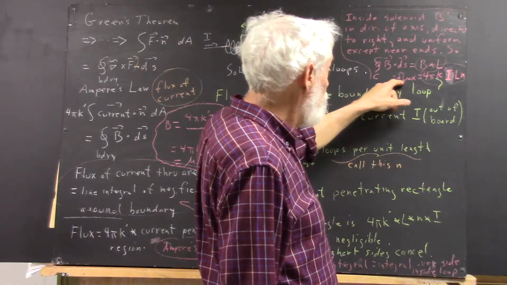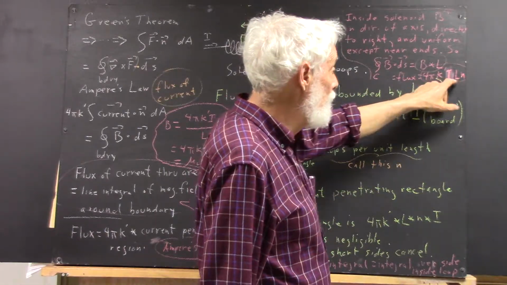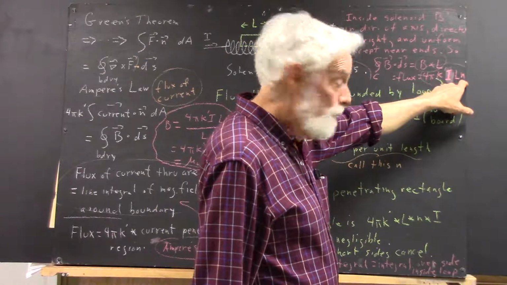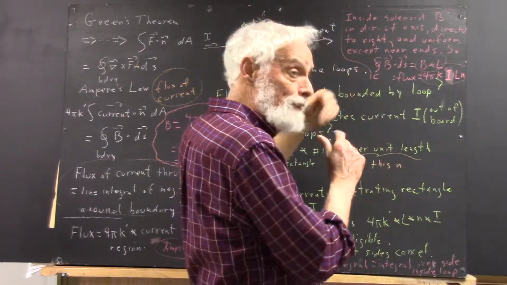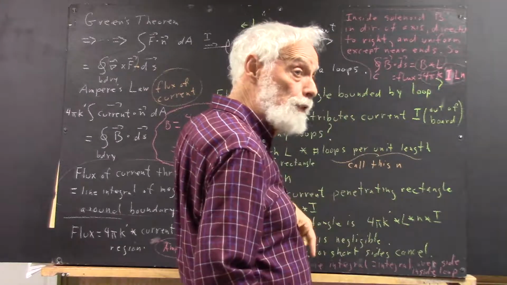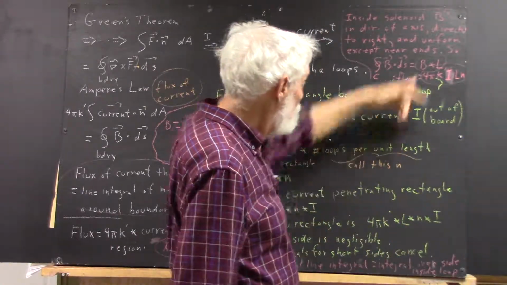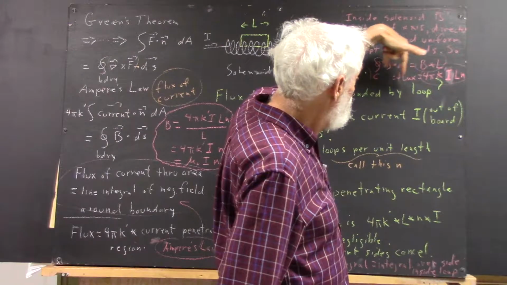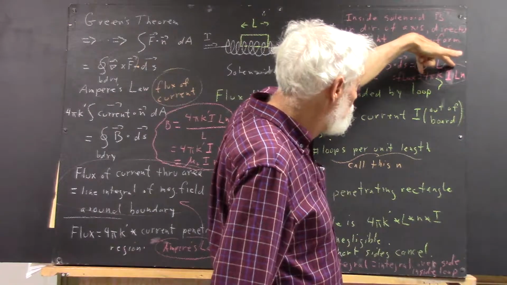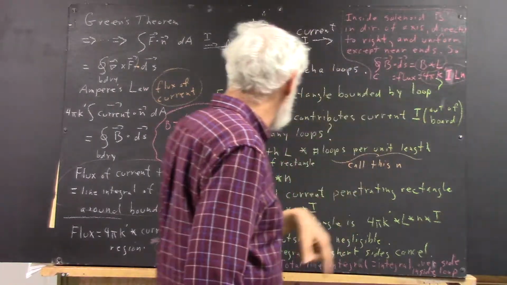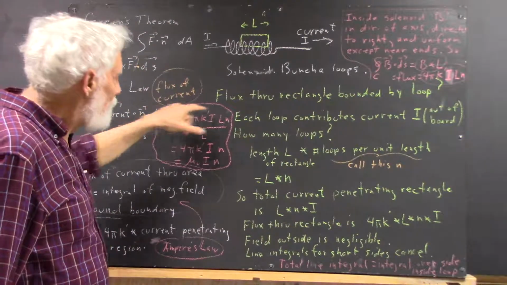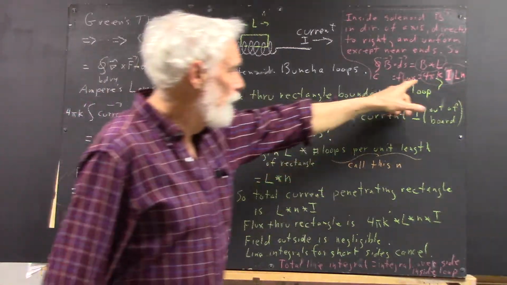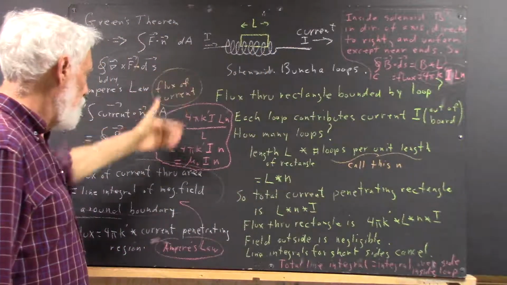And that's equal to the flux, which is 4 pi k prime times I L N. Within here you have an equation that you can easily solve for B. Do you see it? I've circled it. B times L has to be equal to this, so B is this expression divided by L. The L's divide out.